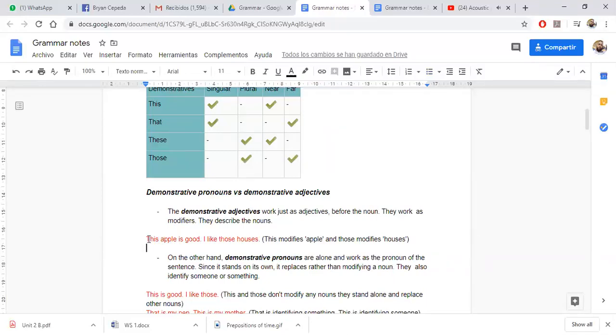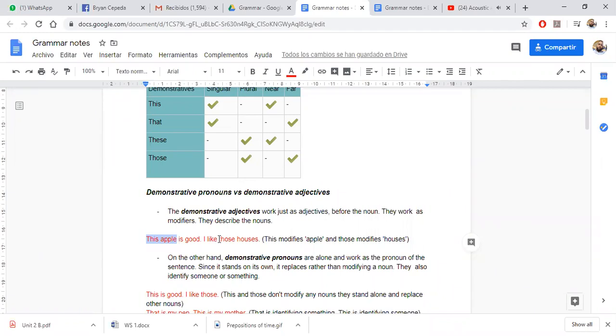Why? Because it's modifying apple. It's specifying what apple the speaker is talking about. There can be 10 apples there, but maybe in my hands I have one apple. So I am talking about this apple that is in my hand. So this apple is good.